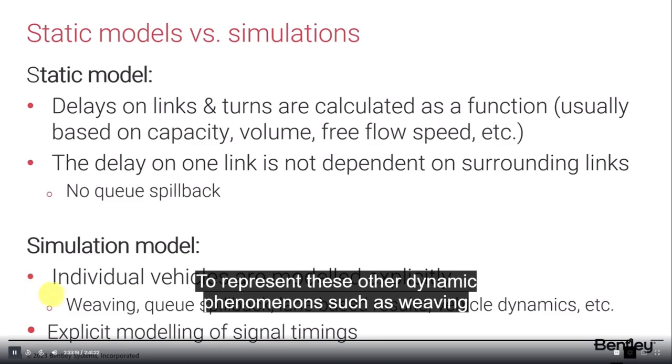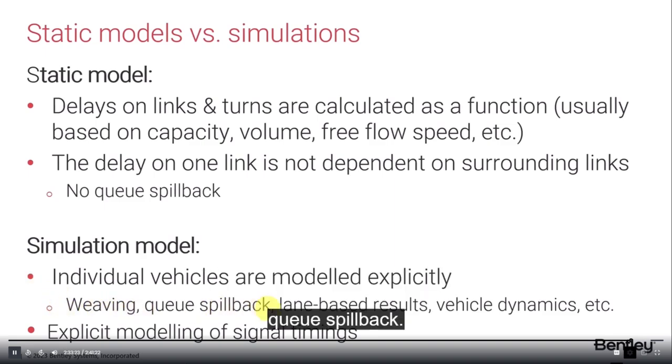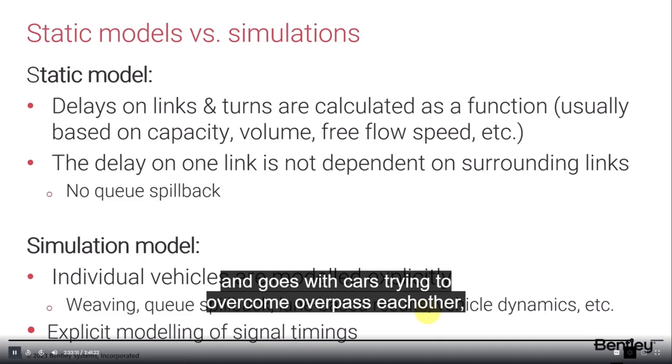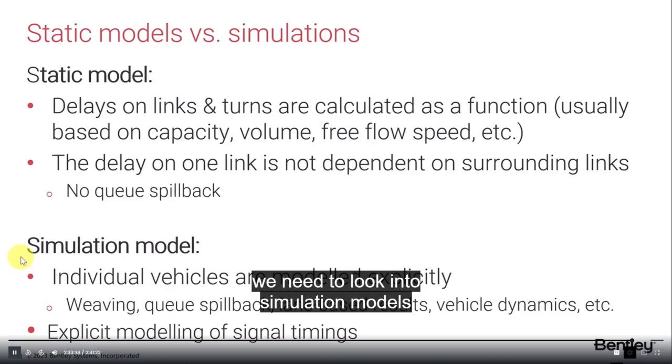To represent these other dynamic phenomena, such as weaving, queue spillback, if we want to have lane-based results or to understand the vehicle dynamics with stop and goes, with cars trying to overtake each other, we need to look into simulation models.